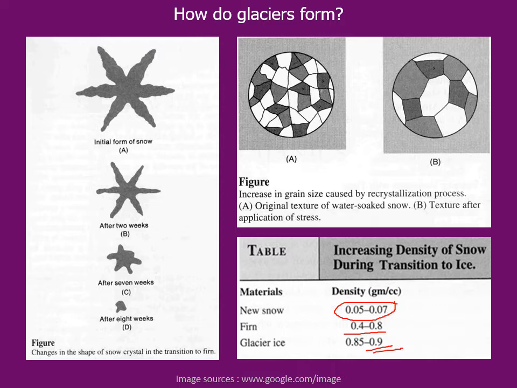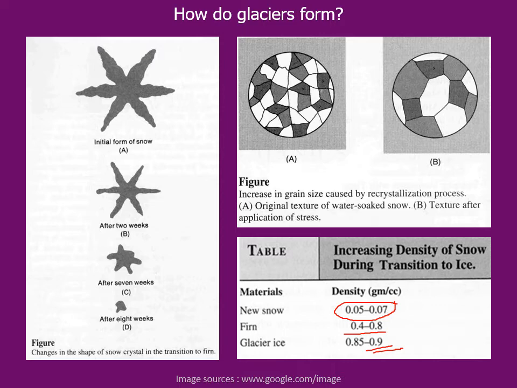And not only this, with successive increase in compressing pressure, that is the overburden pressure, the texture is also changed. So from the initial small size ice crystals, it becomes recrystallized and forms these large size crystals with well developed crystal faces.